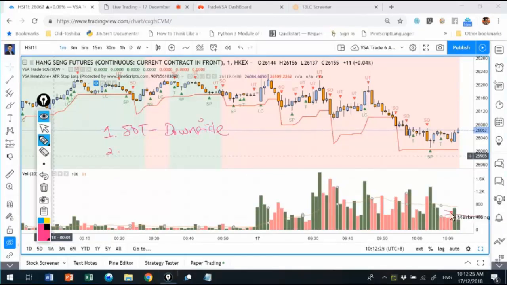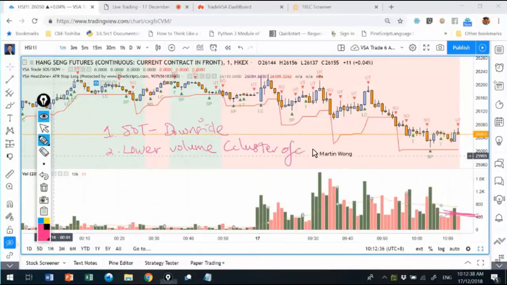We have to see some lower volume here, right? Lower volume. Perhaps we want to see a cluster of closes to go long. We're looking for a long setup.